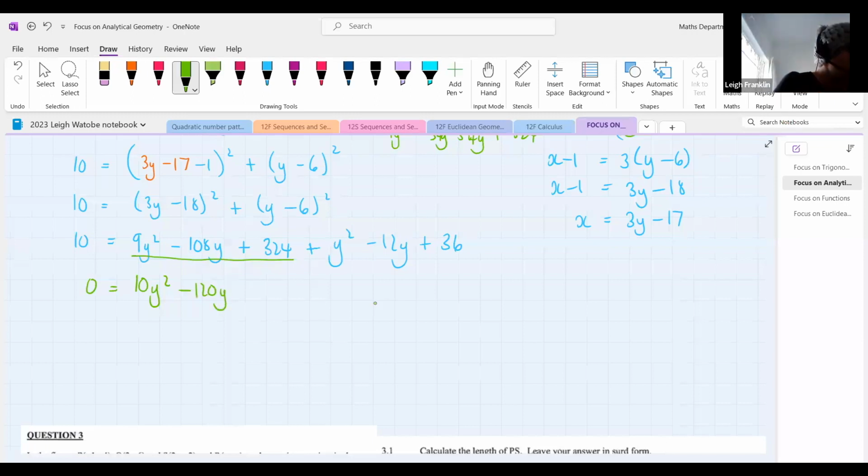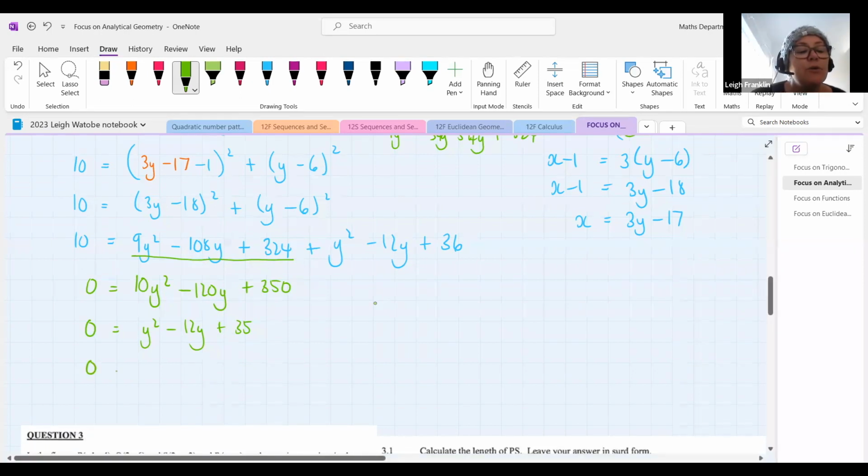Then I've got 324 plus 36 minus 10, so that gives me 350 at the end, when I've put it into standard form. To make life easy for myself, I'm going to divide through by 10. And that should be easy for me to factorize now.